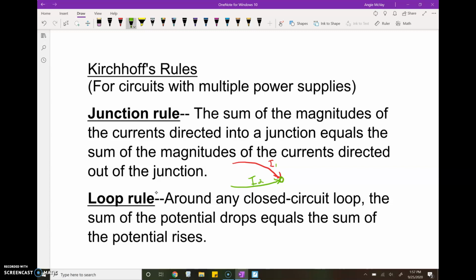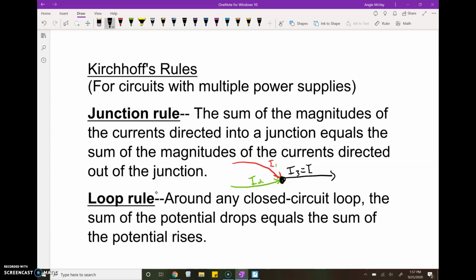A junction is just a place where two currents or two wires connect. If you have two different currents running in two different wires and they connect at a point, and then their only option is to go into one individual wire, it's saying that the magnitude of the currents directed into a junction is equal to the total magnitude of the currents directed out of the junction.